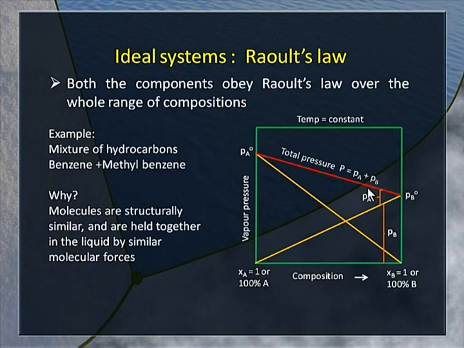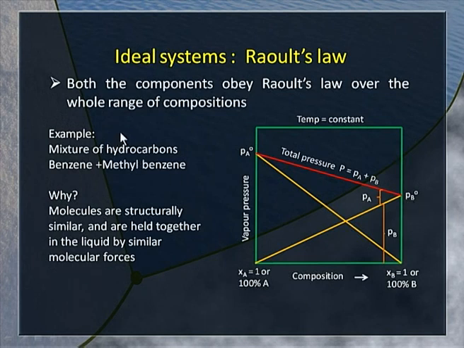Let us look at the total pressure, which is given here in this diagram, which is the sum of the contributions from the two components PA plus PB making the total pressure, and it smoothly varies from PA0 to PB0 in a linear fashion.